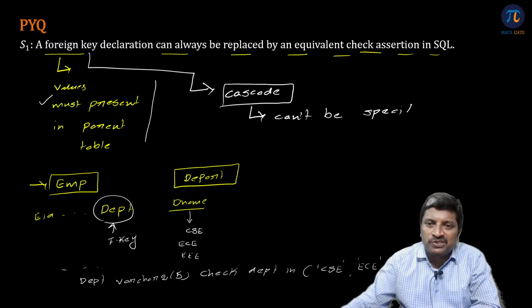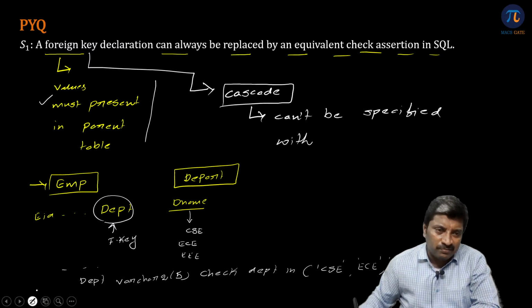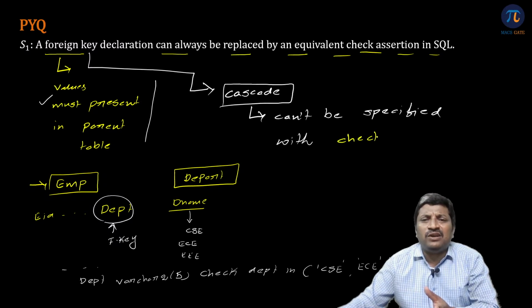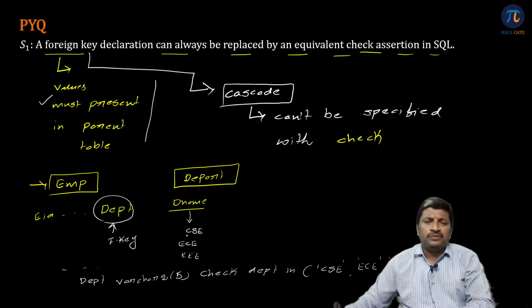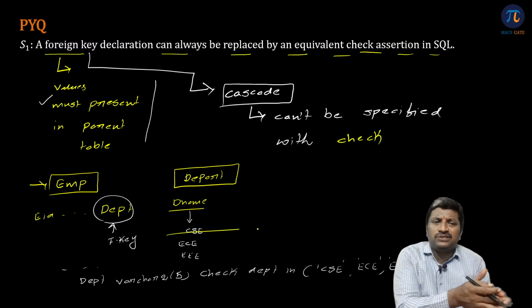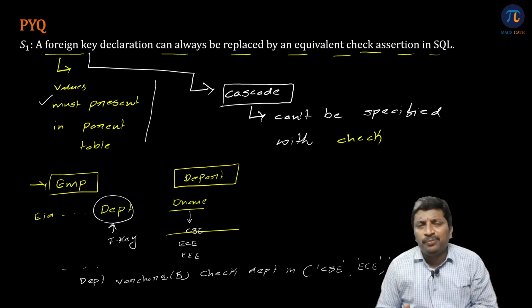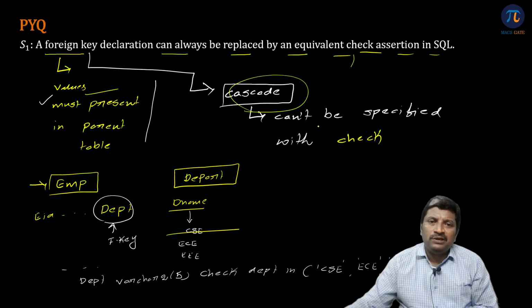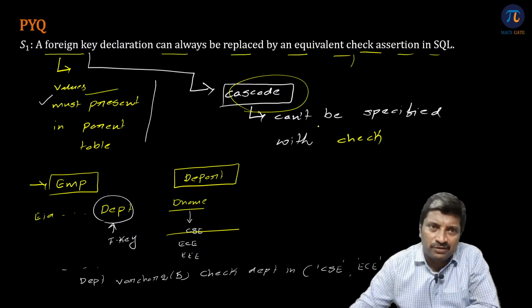That means you can check the values, but suppose CSC is deleted from the original table. Can you delete all the values in this employee table, sir? That I need to do manually. So check can replace this condition, but it cannot have this cascade feature.